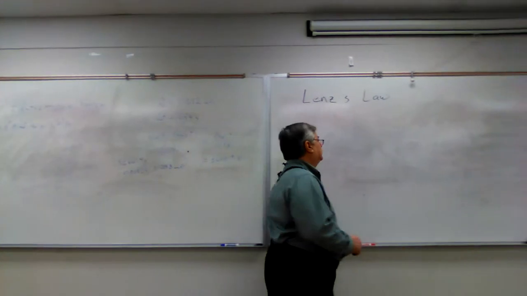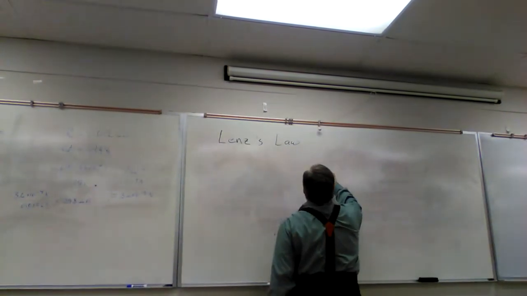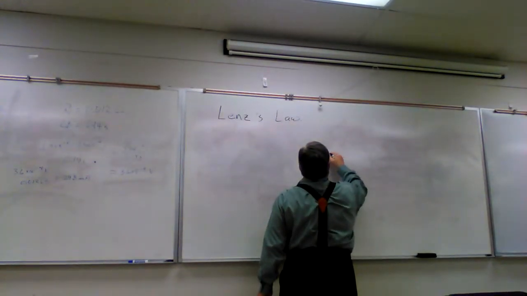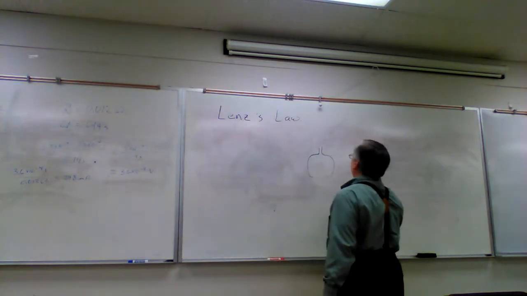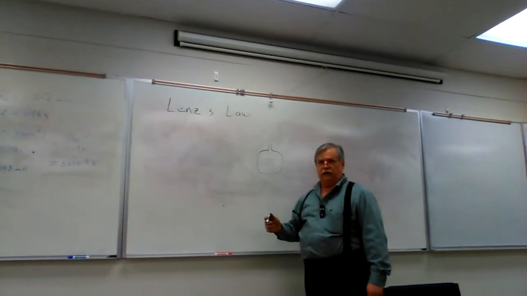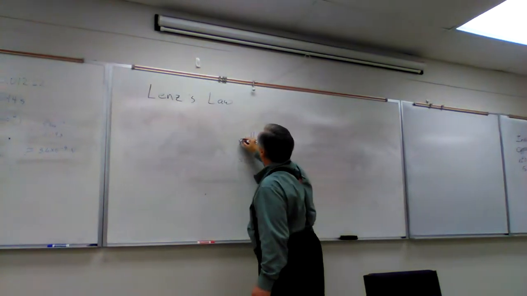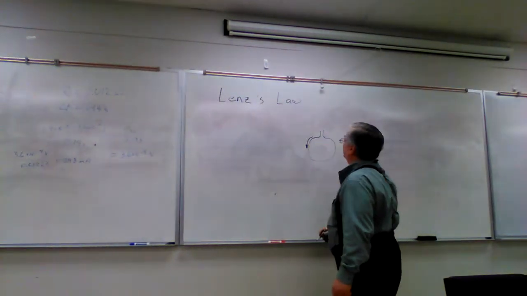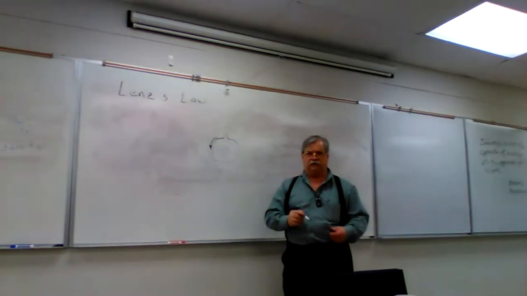So, if you have a loop of wire, and you have a magnetic field that induces a current to flow this way, what direction does that magnetic field have to be?